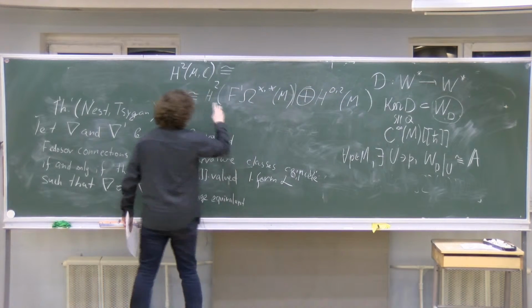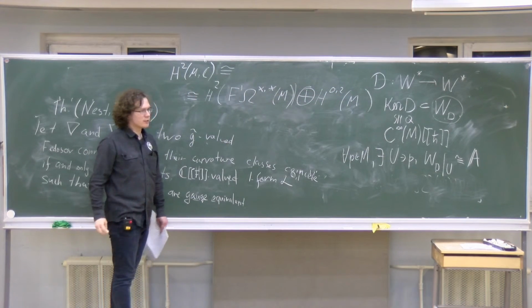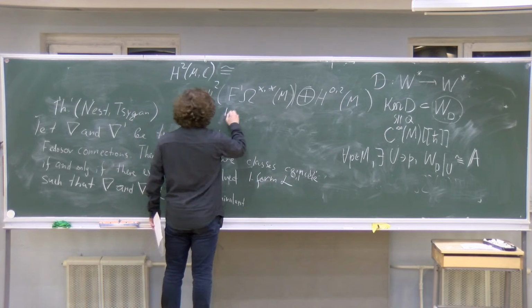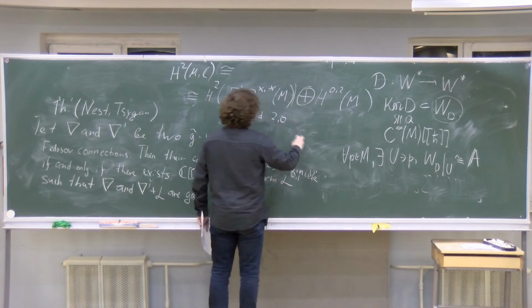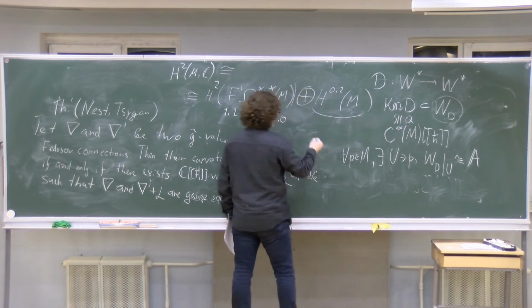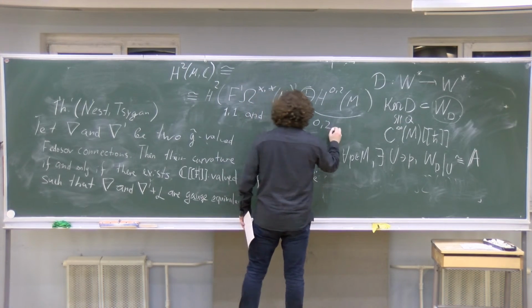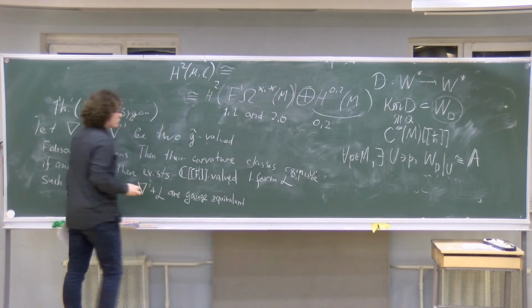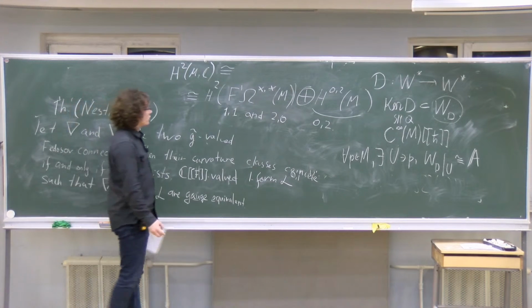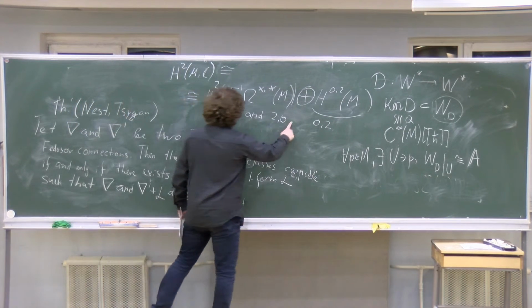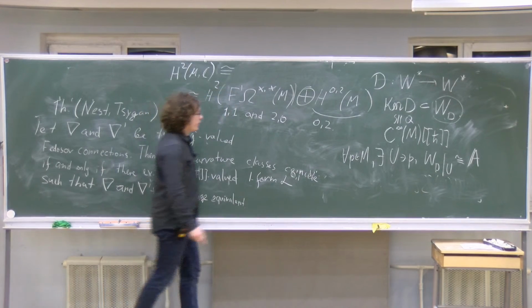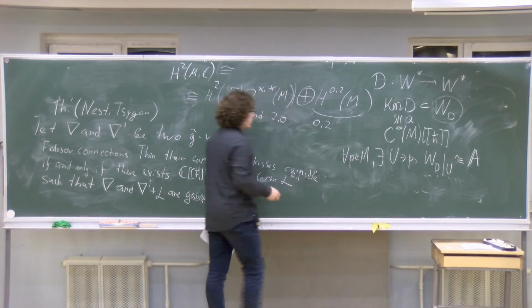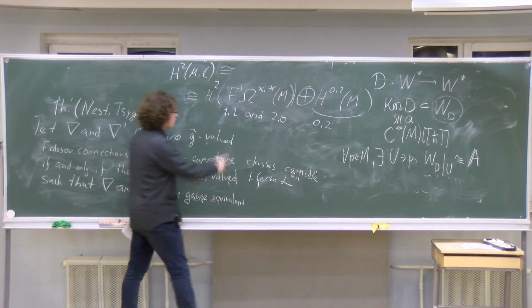So this one are cohomology classes of type 1, 1 and 2, 0, and these are classes of type 2, 0. As was already said, actually this part will define the deformation, and this part is going to be defined by this one.